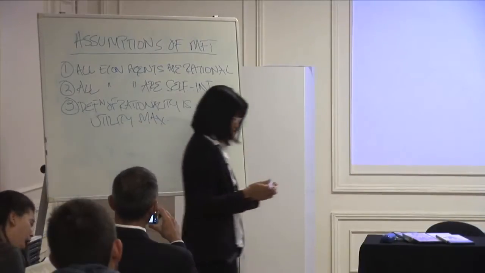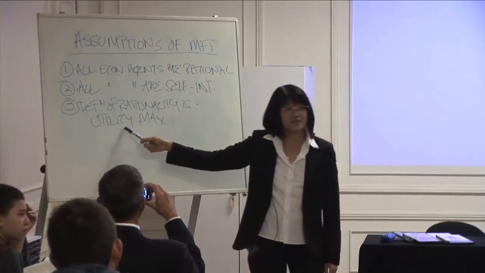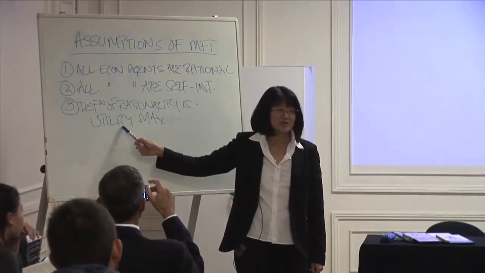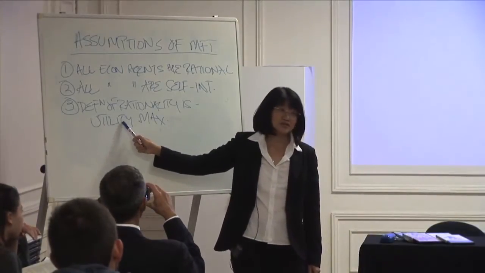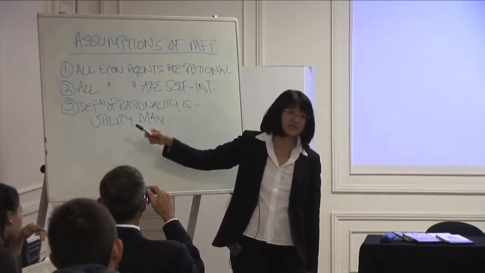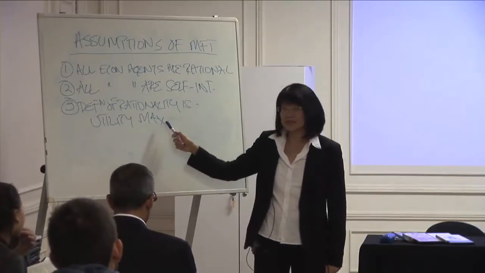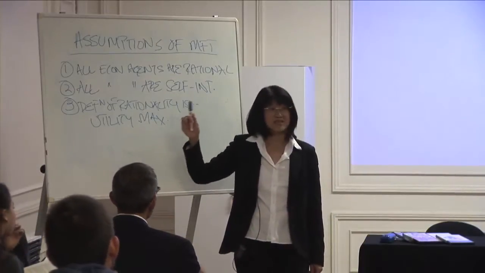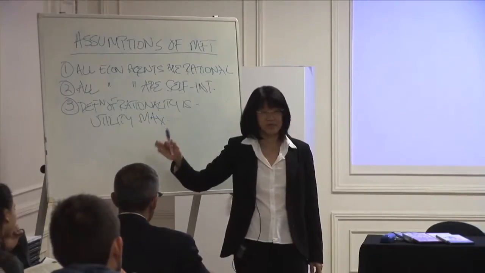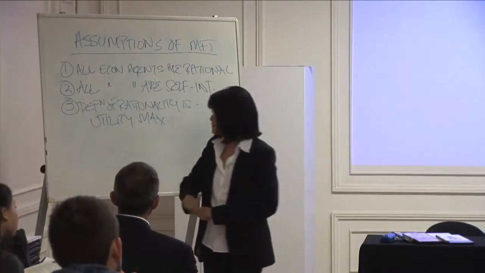Now, what is utility maximization? Utility means preference. What do you prefer? You prefer milk chocolate or dark chocolate? You prefer green or red? So it's a preference, okay? Maximization means to get the most out of your preference. So it means get the most out of the preferences you have.